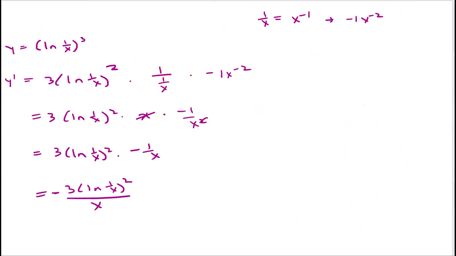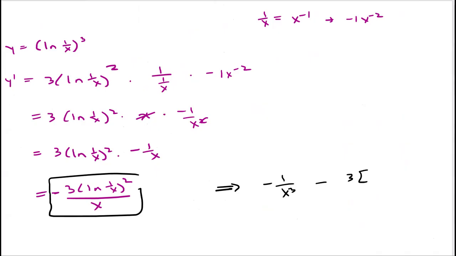All right, so for the second part, we got this here. So our final answer is going to be negative 1 over x to the third minus 3 ln of 1 over x raised to the second power over x.